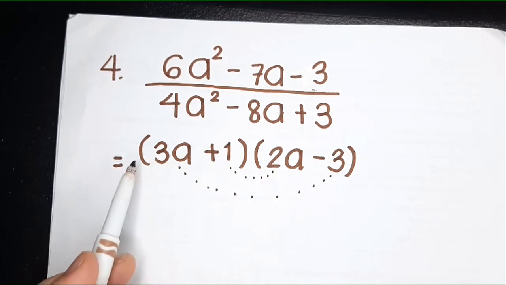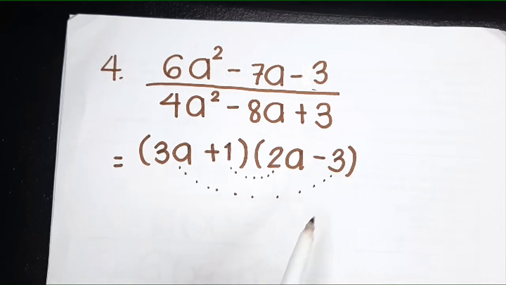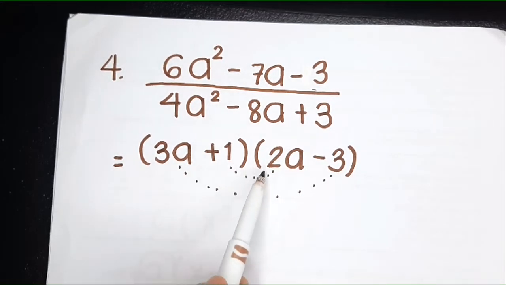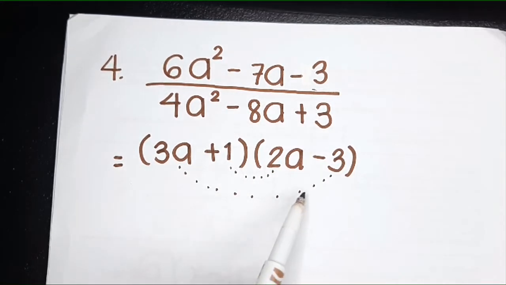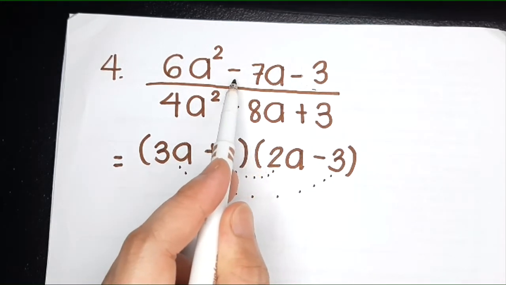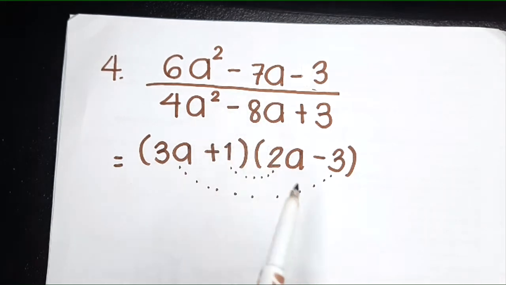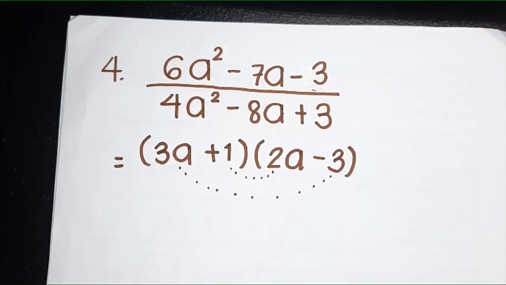It's 2a. And then 3a times negative 3, the answer is negative 9a. When you add 2a and negative 9a, you will get negative 7a. Okay? Kapag nakuha nyo yung nasa gitna or the middle term, tama yung factors ninyo.